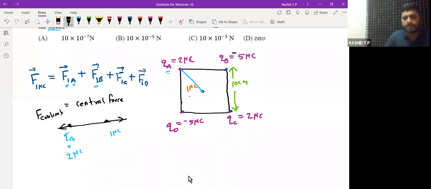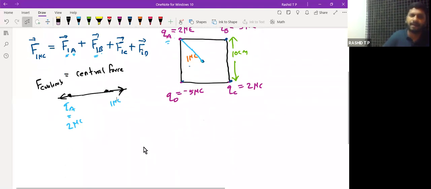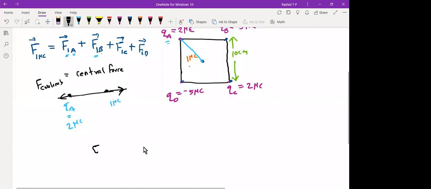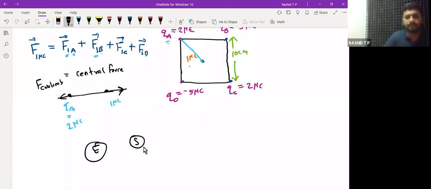Always we have to draw the vector diagram along the line joining the two charges. Another example of a central force is the gravitational force. For example, the force of attraction between Earth and Sun, that is gravitational force, which we will discuss in the gravitation chapter in classical mechanics.